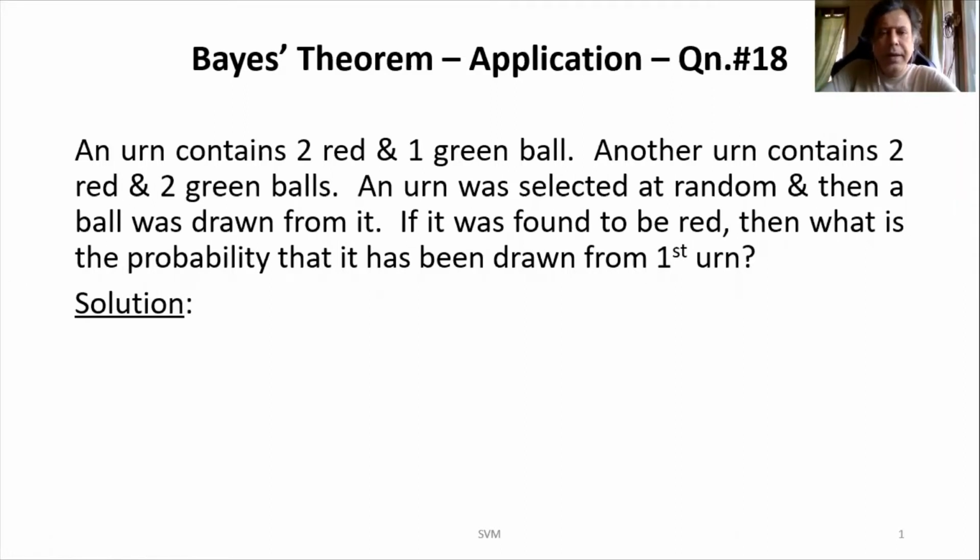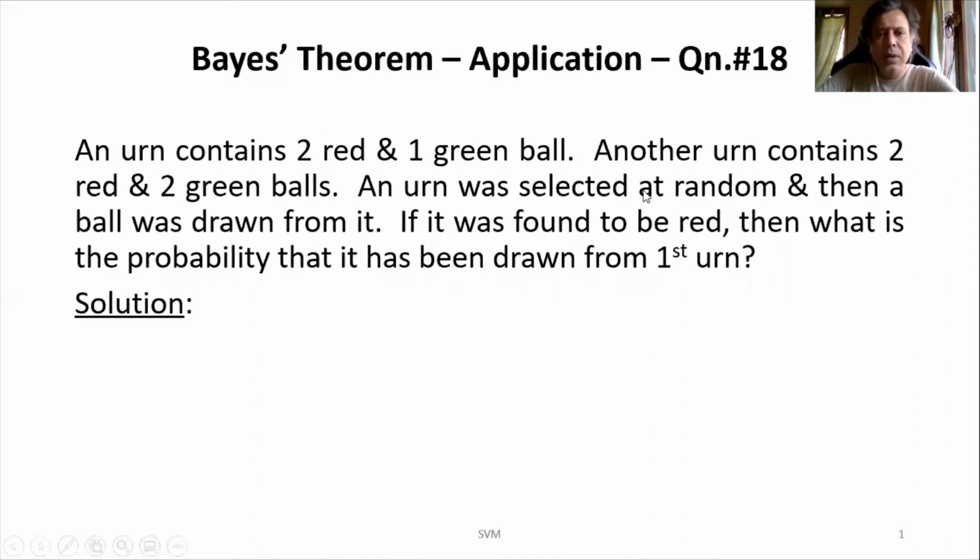This is in continuation to Bayes theorem related application problems. So now we are into question number 18. It reads: an urn contains two red and one green ball. Another urn contains two red and two green balls.